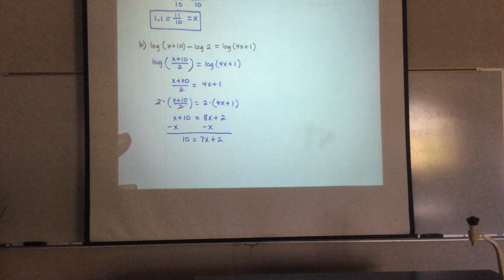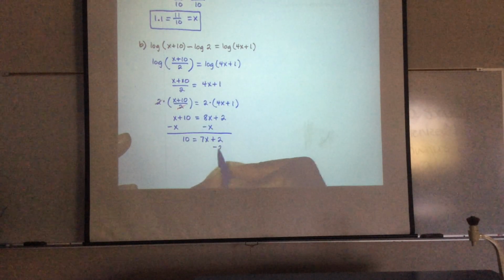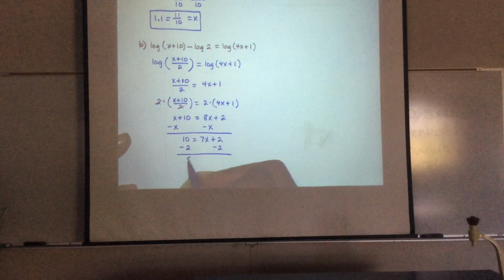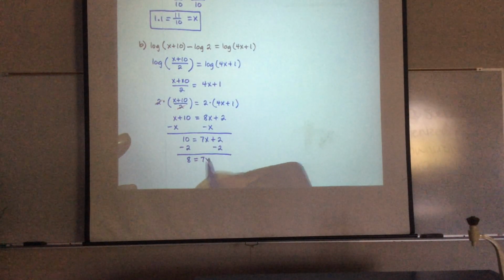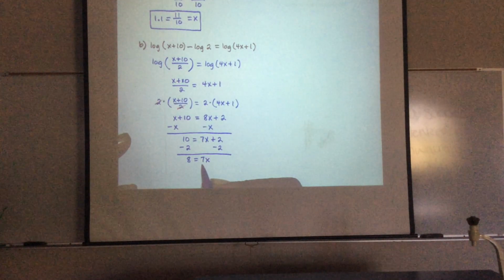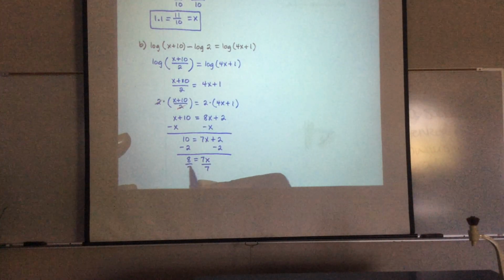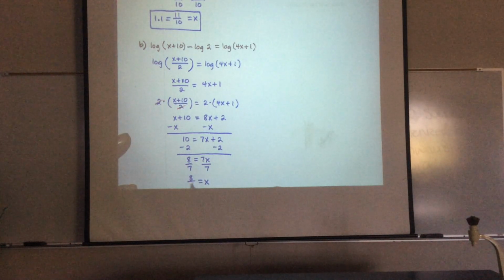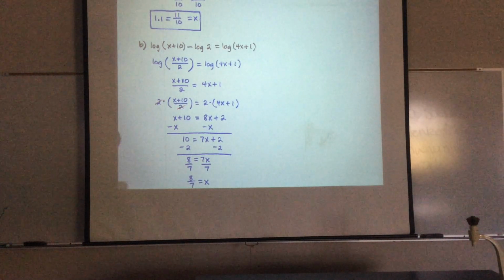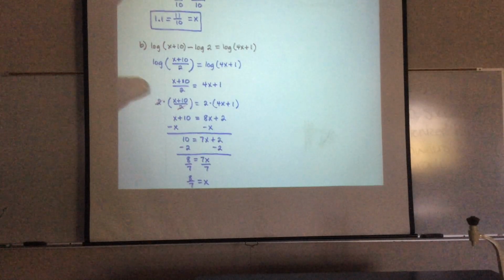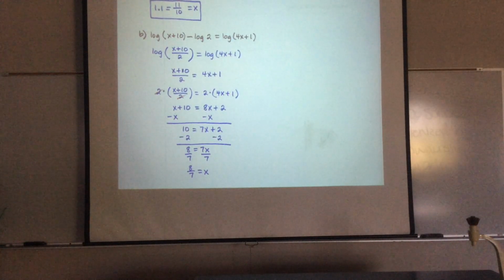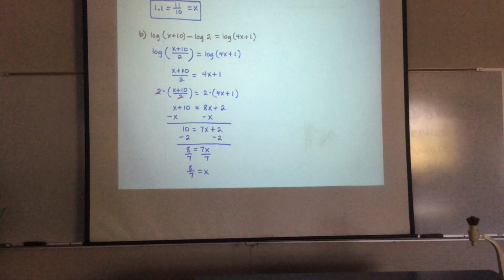And now to get that 7x by itself, I need to subtract 2 on both sides. So that means 8 is equal to 7x. Divide both sides by 7, you'll get x is equal to 8 over 7. Now, we're not done with that problem because we have to do the check on this as well.